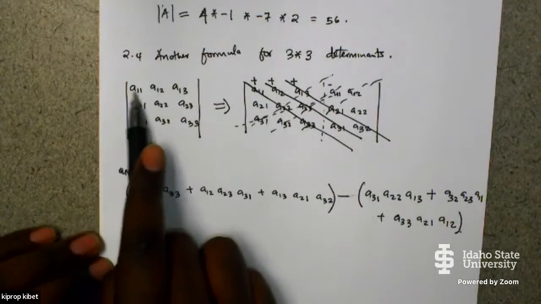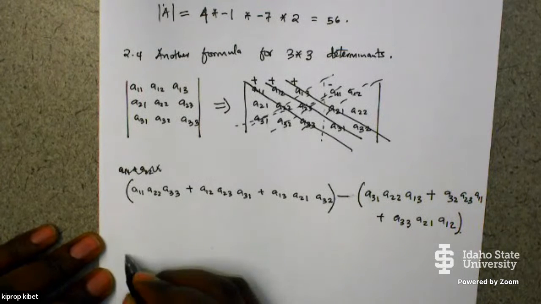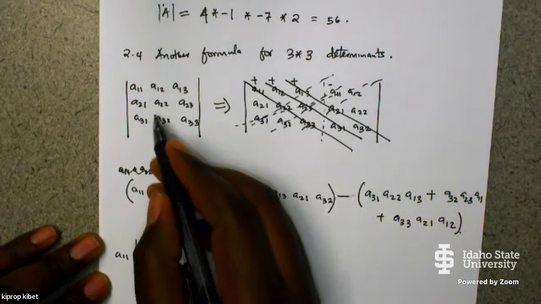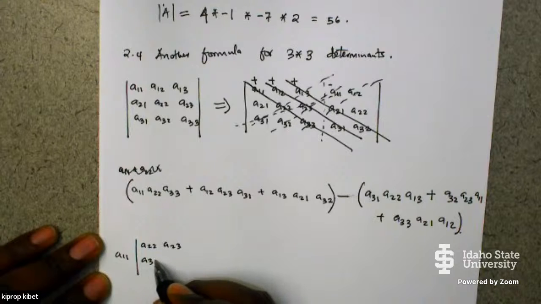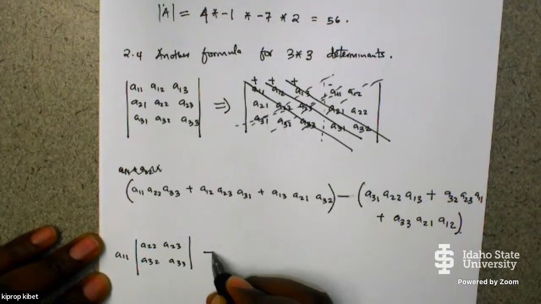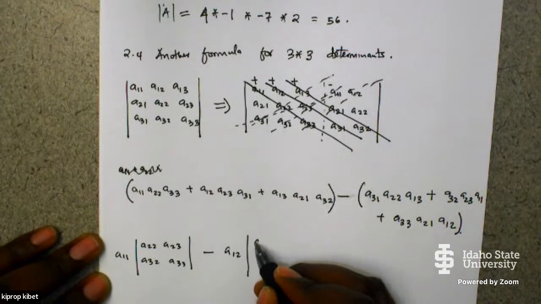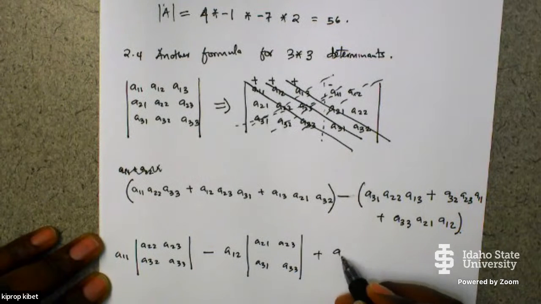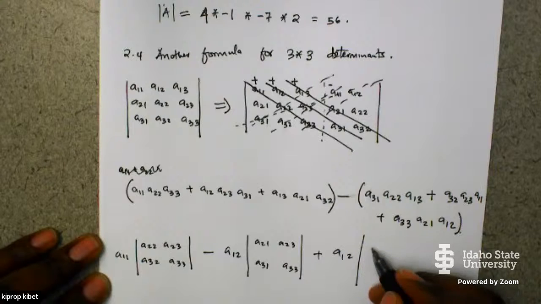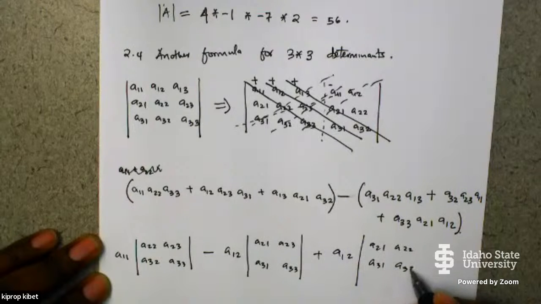In this case, if we use the first row here, then we can say A11 times the determinant of A22, A23, A32, A33, minus A12 times the determinant of A21, A23, A31, A33, and then plus A13 times the determinant of A21, A22, A31, A32.